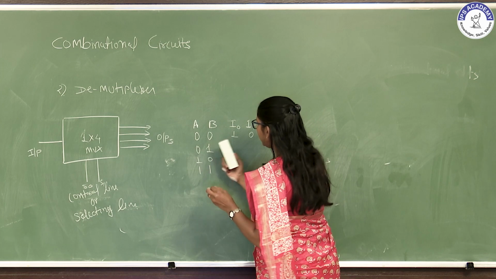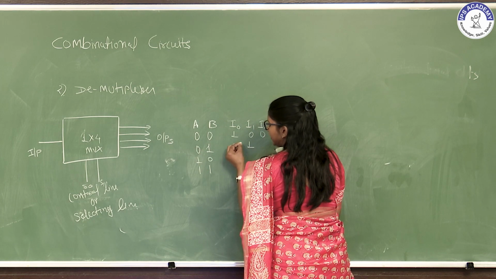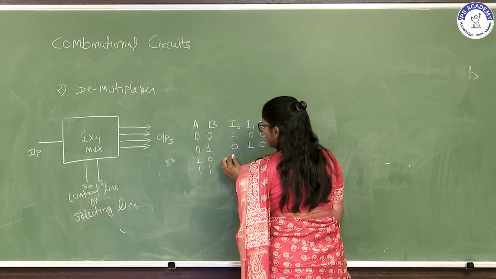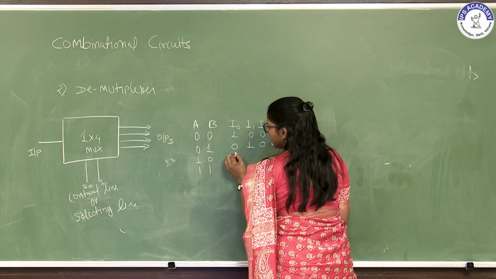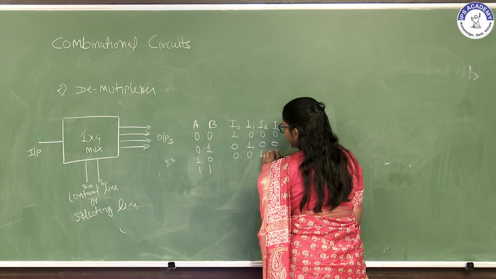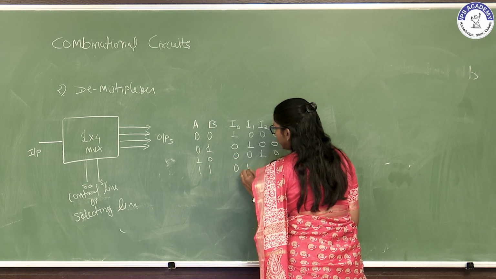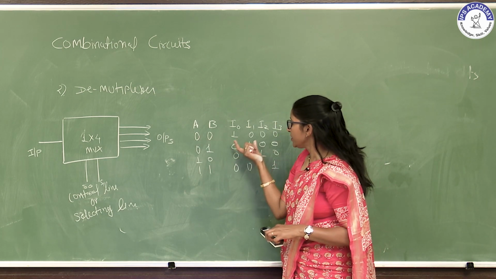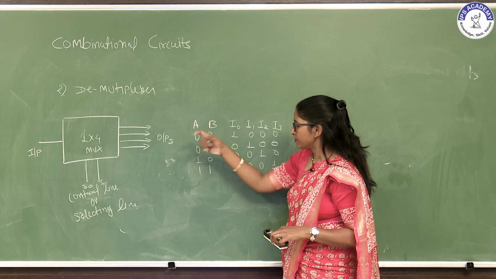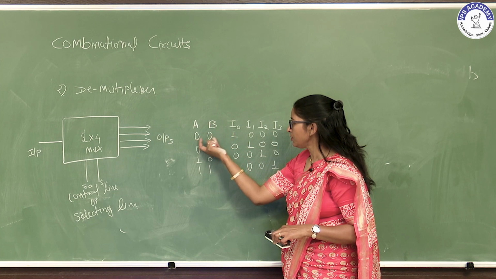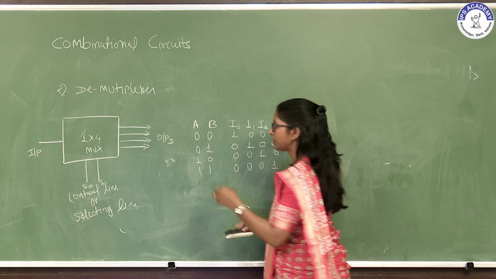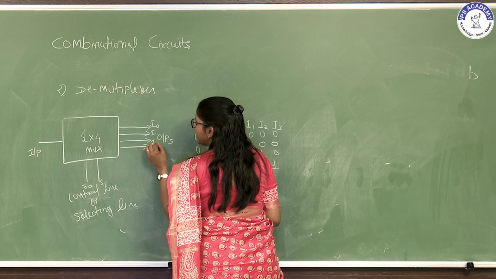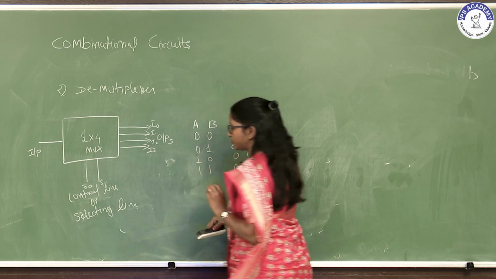When it is 0 1, we get the output at the I1 side, and when it is 1 0, it will be 0 0 1 0, and if it is 1 1, we get 0 0 0 1. So this is the combination for the selecting variables. I am writing the names of the outputs as I0, I1, I2, I3. These are the outputs. Fine.